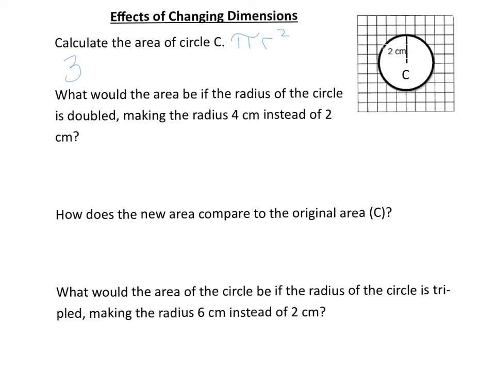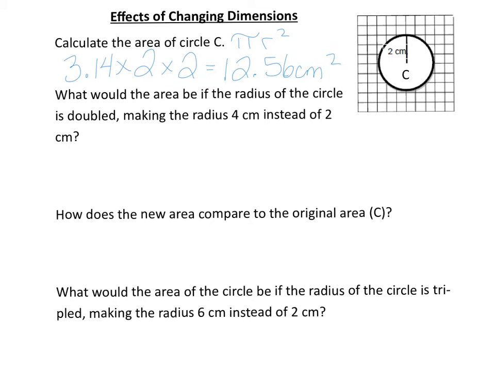So we know we're going to say pi, which is 3.14, times they give us a radius of 2, and we know radius squared means radius times radius. So 3.14 times 2 squared, or times 2 times 2, is 12.56 centimeters squared.